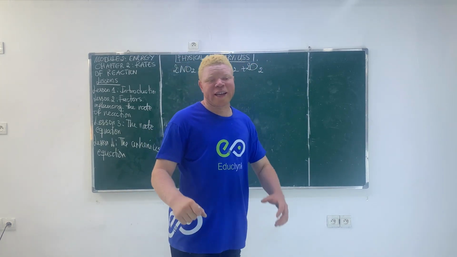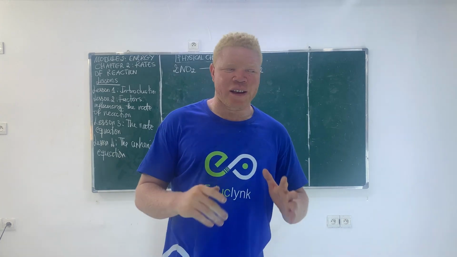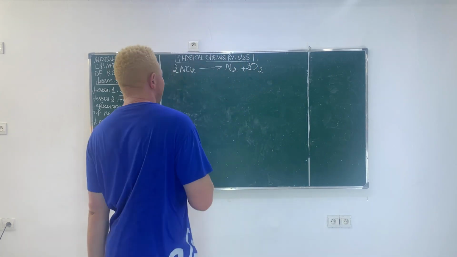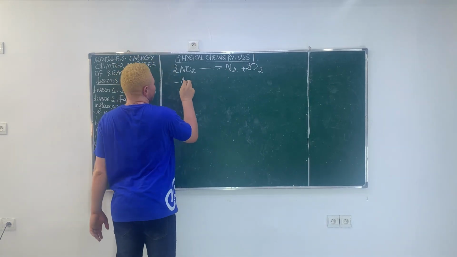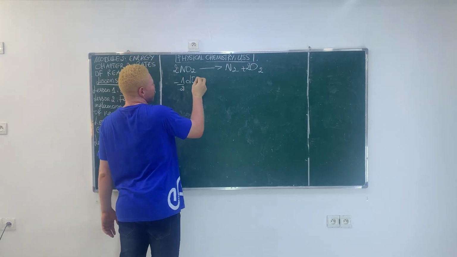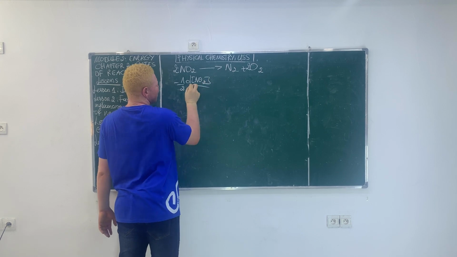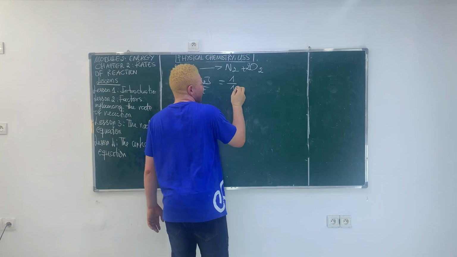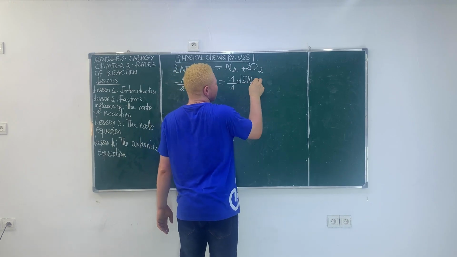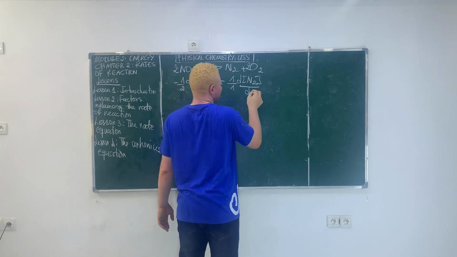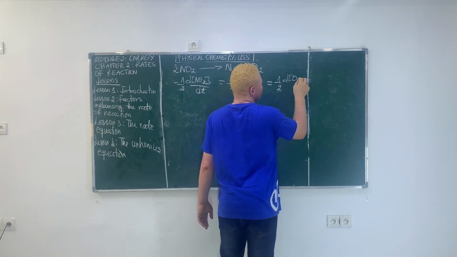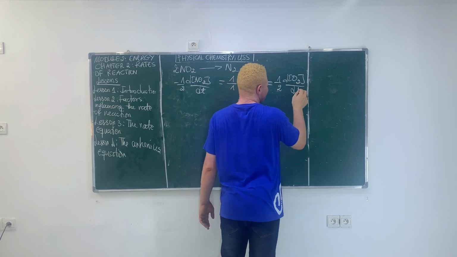Now I'm going to put the law that relates NO2, N2 and O2. So what am I going to have? Minus 1 over 2 dNO2 dt equals 1 over 1 dN2 dt equals 1 over 2 dO2 dt.